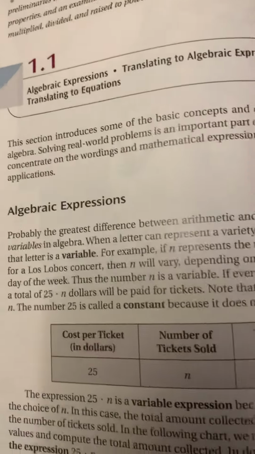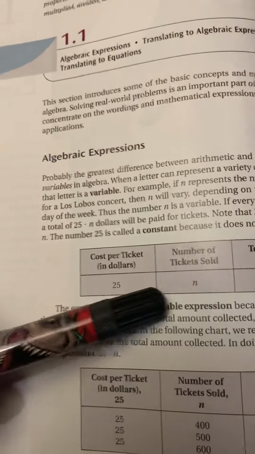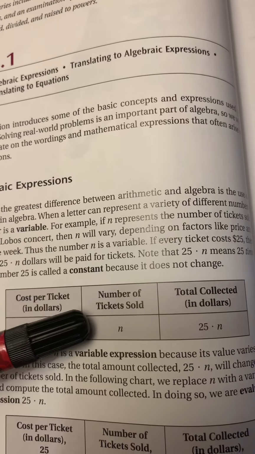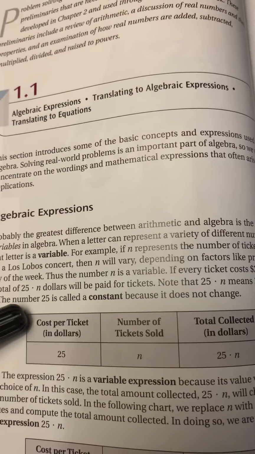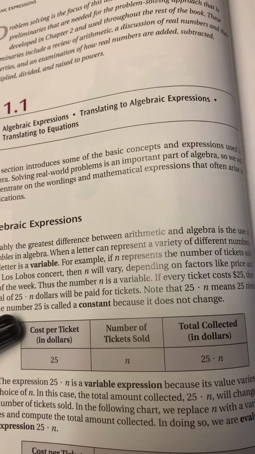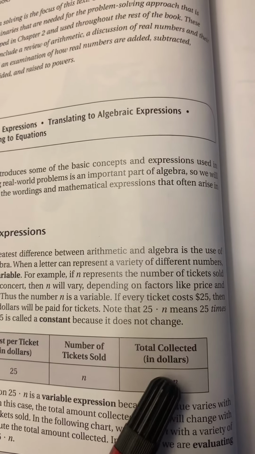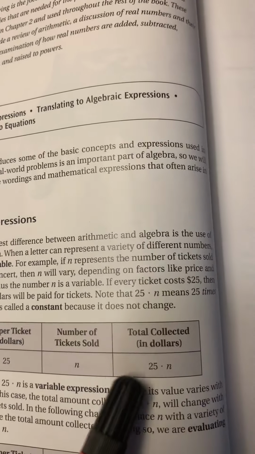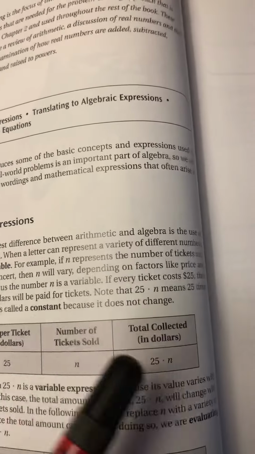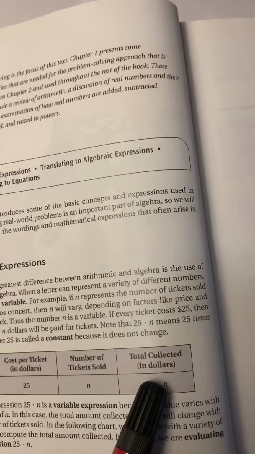Okay, so for instance, they're using the letter N right here to represent the number of tickets sold. In this example illustration, this scenario is trying to find out what the total amount of money is going to be made, but they say total collected, which is the same thing as the amount of money made for this venue hosting this event.